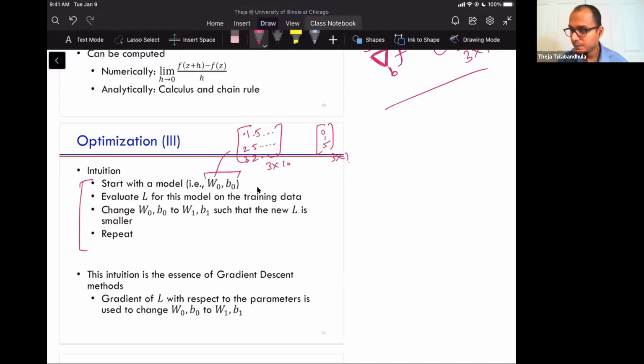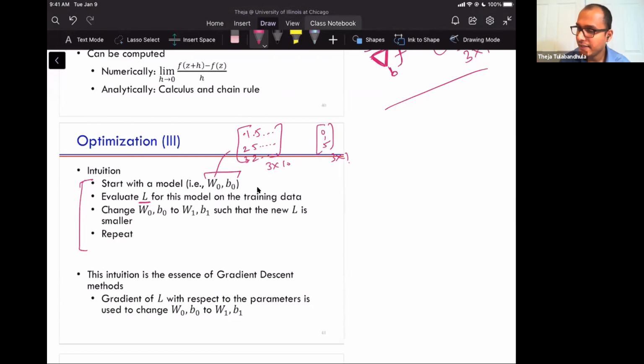And then you find the loss value for this model, because once I specify w and b, there's already a candidate classifier or a candidate model. For this model, using the training data, I can tell what the loss value is. It could be high or low depending on the numbers.